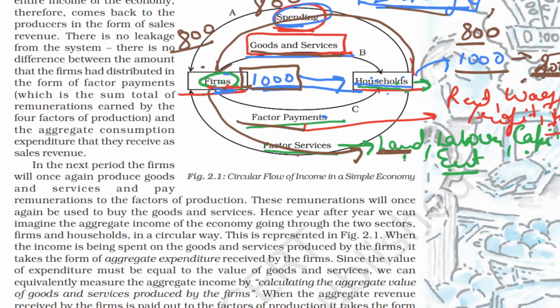This is the thing we have understood. Now, while calculating the national income, I get two ways. If I calculate the income for everyone in one financial year, then I am going to get the national income. And if I calculate the expenditure for everyone during one financial year, then also I'll be getting the national income, right?